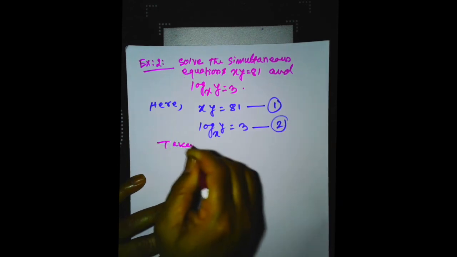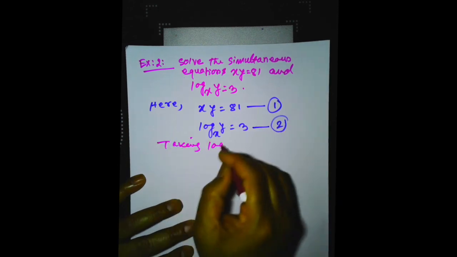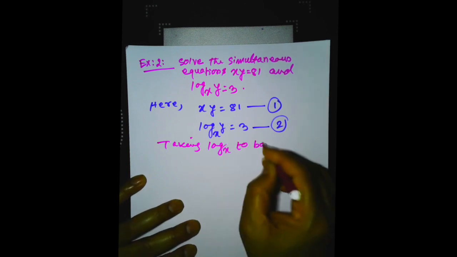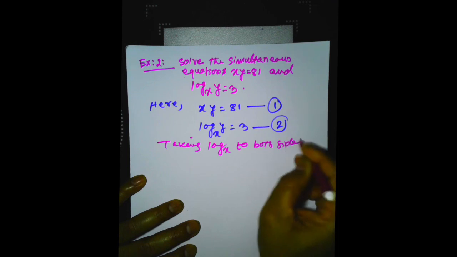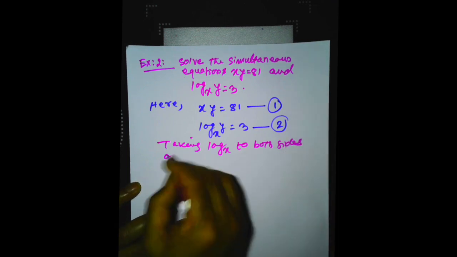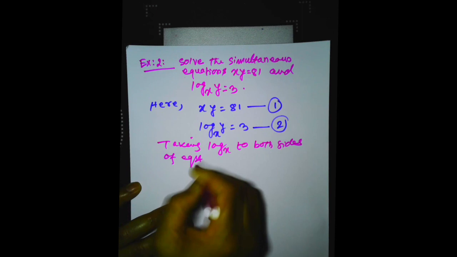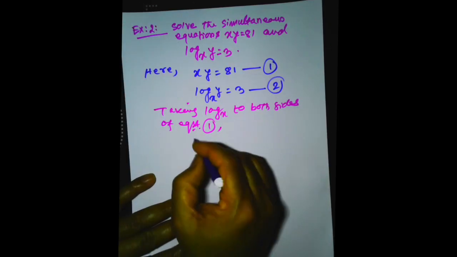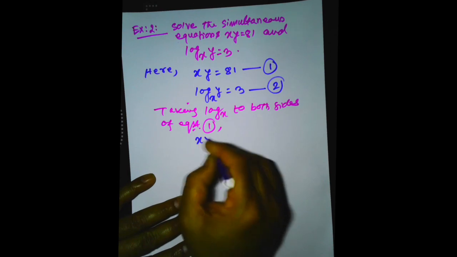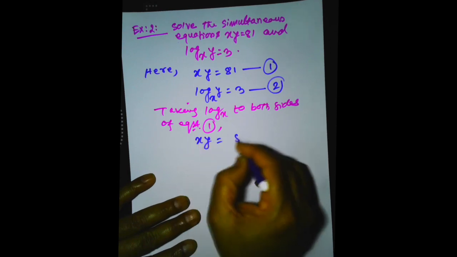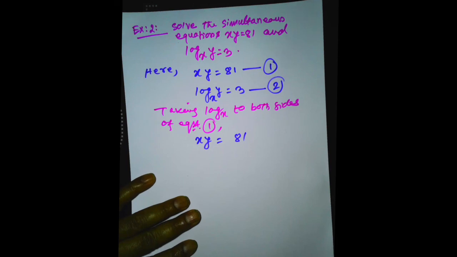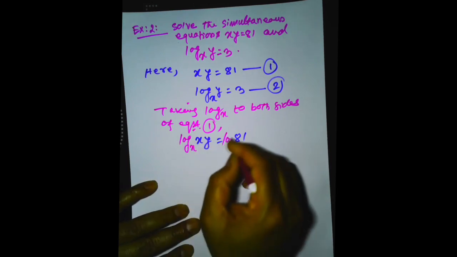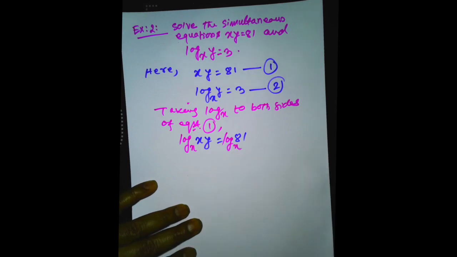So now I am taking log to base x on both sides of equation 1. This is xy equals 81. At this point we are going to take log to base x here and log to base x here as well.